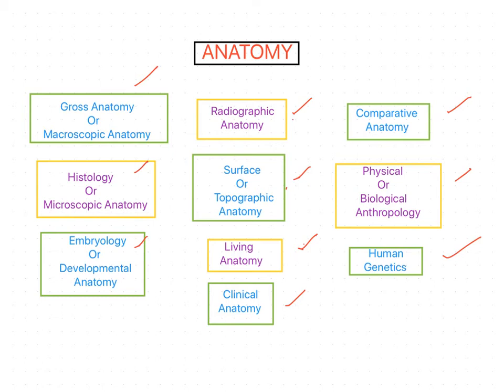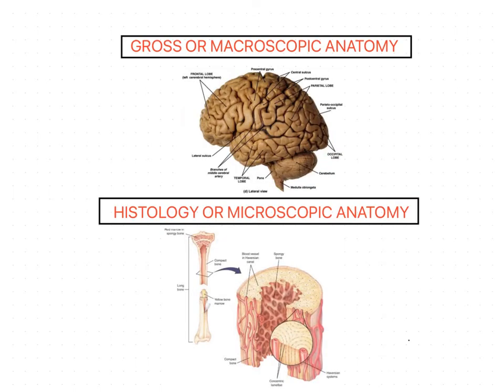The first one we are going to discuss is gross or macroscopic anatomy. Here the word macro means large. It is a branch of anatomy for understanding the appearance of the parts or organs and their relations with the unaided eye. That means we can see with our eyes itself.